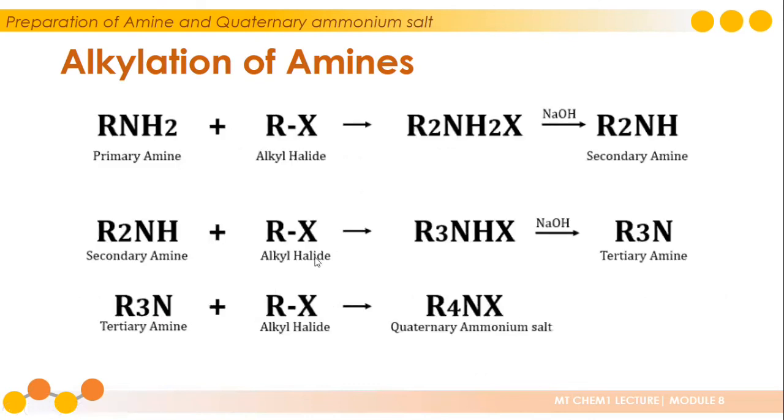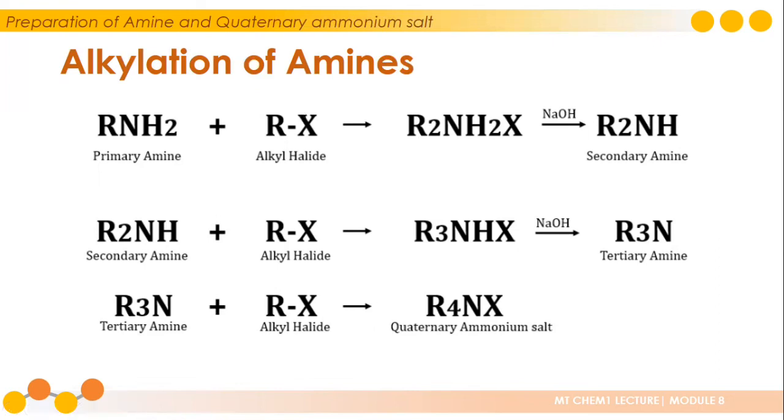Here is another visualization of it. Again, primary amine. If you mix it with an alkyl halide, it will produce this product. And then if you add another strong base, it will further react to produce a secondary amine. So this is simply the alkylation of amines.